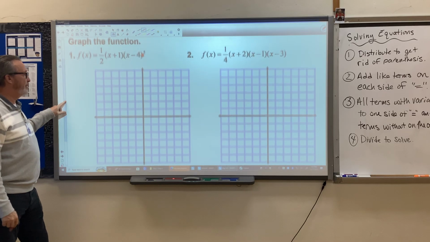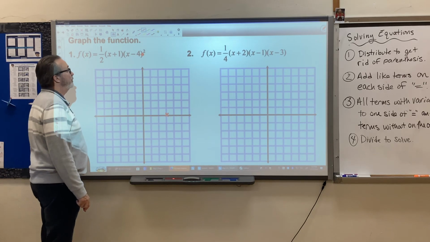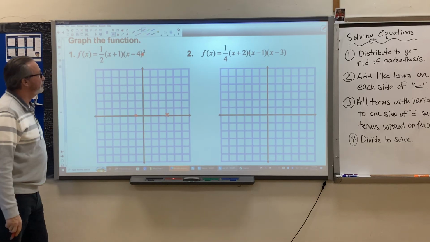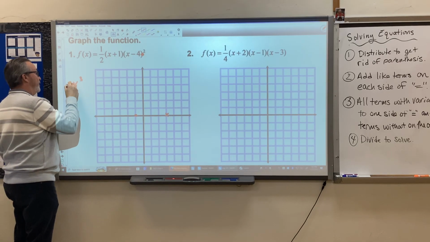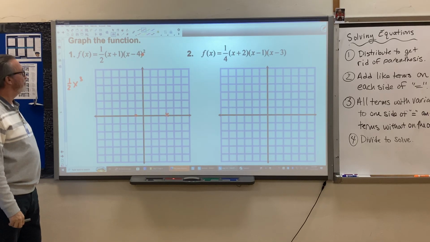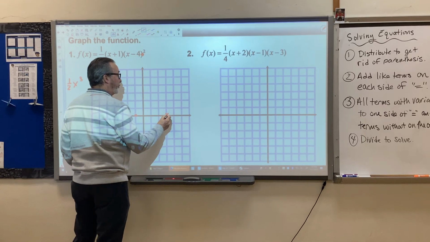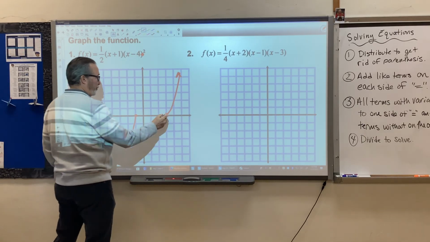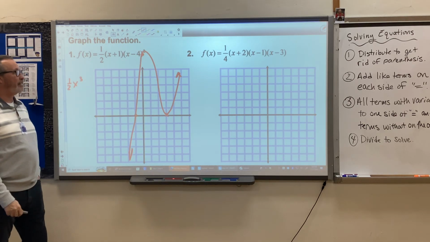It's got a double zero at 4, single zero at negative 1. Leading term is 1/2 x to the 3rd. Right side goes up, left side goes down. Like that.